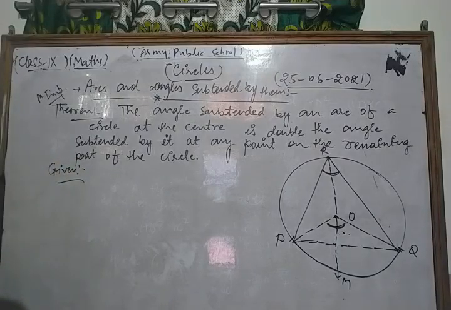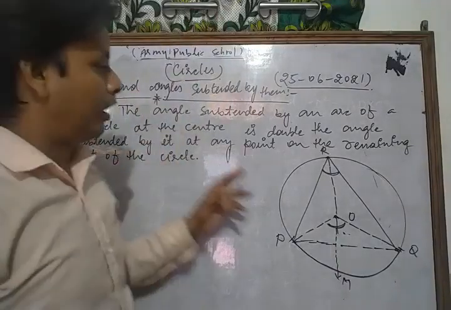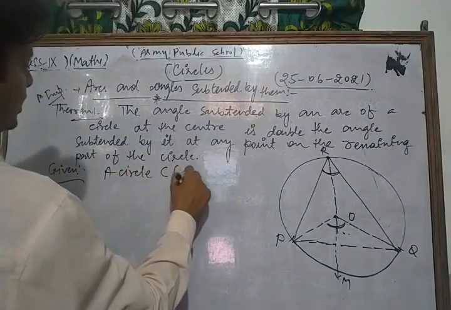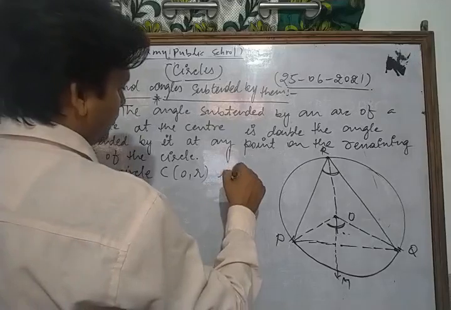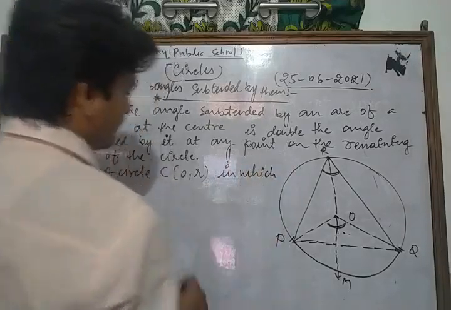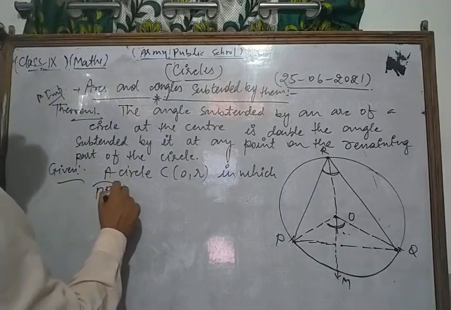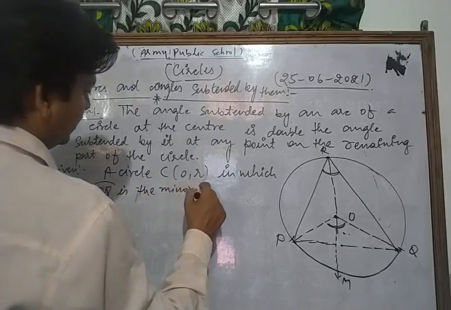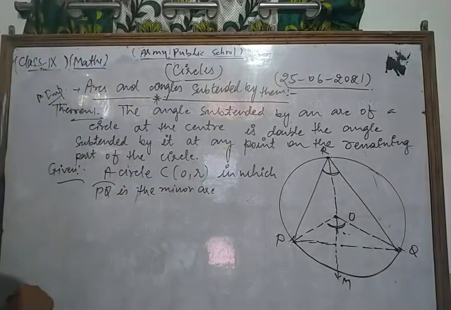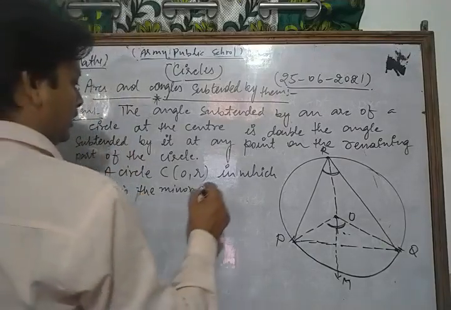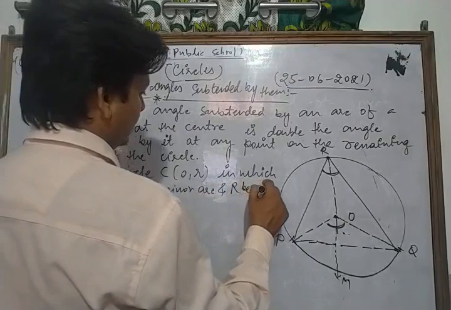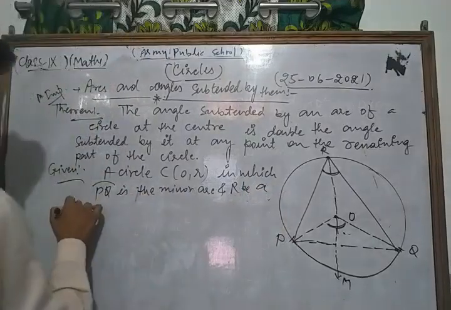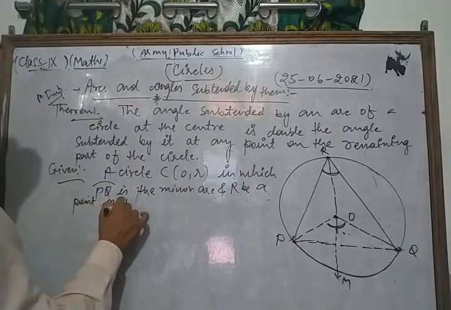Now first of all we write Given. In given we write a circle C with center O and radius R, in which PQ is the minor arc, and R is a point on the circle.